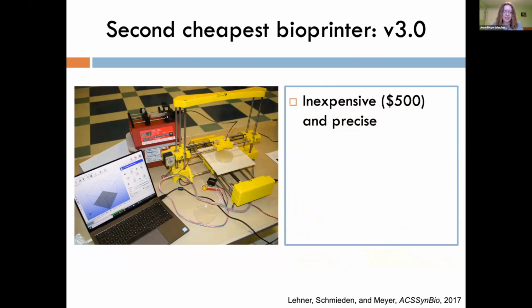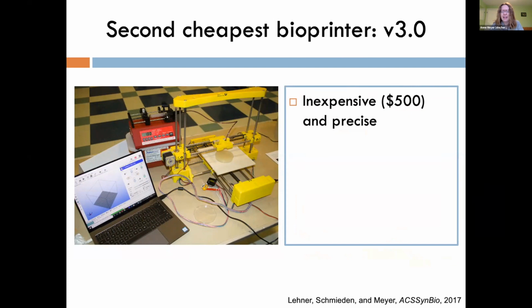So here's the most recently published version. We still want to keep our inexpensive do-it-yourself ethos. I don't know if anyone's ever priced out what it costs to buy those 3D printers for making organoids or whatever, but those can cost $100,000 or more. And I don't think that's accessible for the typical laboratory, right?